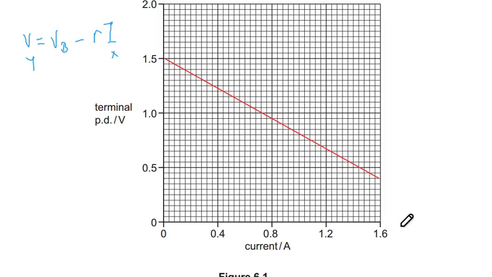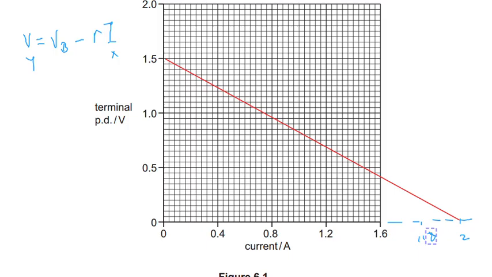If this was to 1.8, 2, we would have to just make this line to the 2, because we have 1.5 as a vertical difference divided by 2 as a horizontal difference.